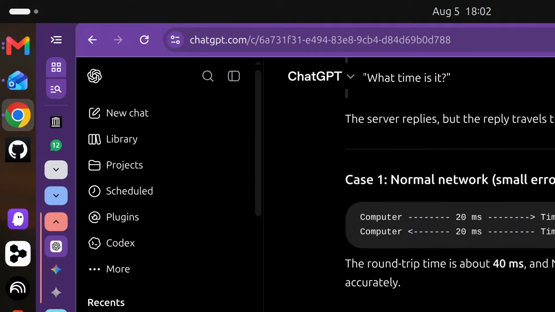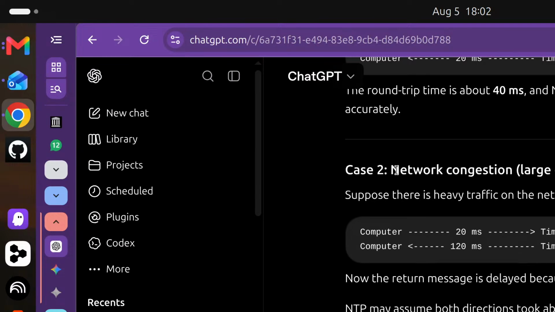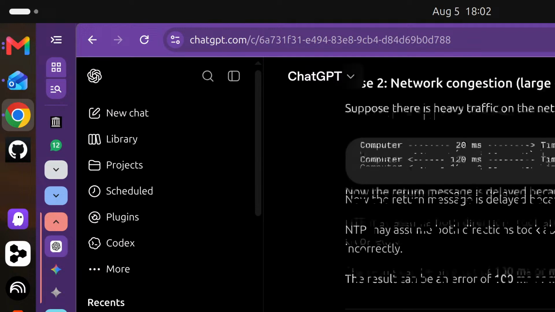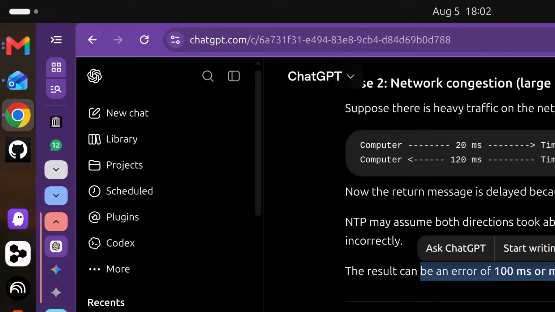Then NTP can estimate the correct time quite accurately. With network congestion, there can be a large error. Let's say computer A sends in 20 milliseconds but receives the response in 120. The return message is delayed because the network is busy. NTP may assume both directions take about the same time, so it calculates the clock incorrectly. The result can be an error of 100 milliseconds.